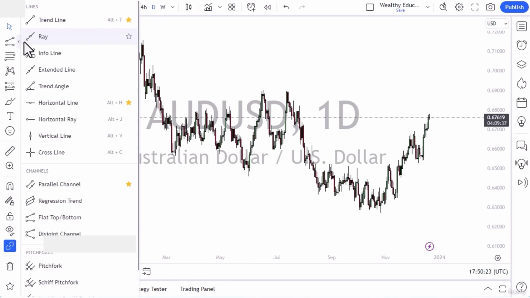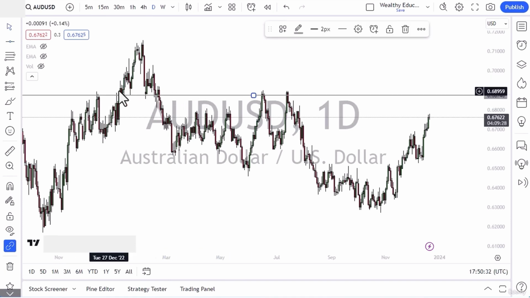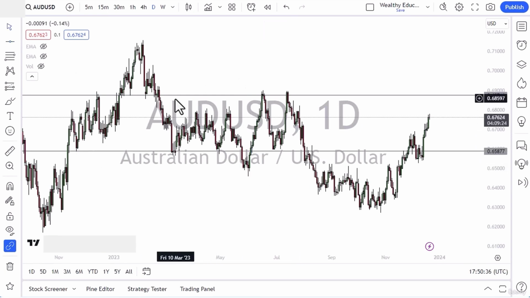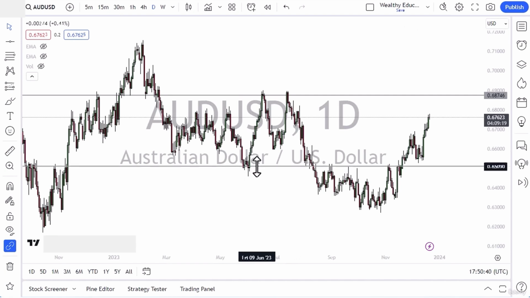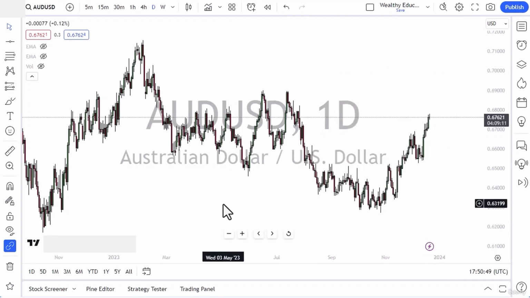You could do like a horizontal line, let's just say here, because that's been resistance and support. And you can make a horizontal line here. And you could say that we were in a range. You could even drop it down to here and say we've been in a range until recently. That's fine. But go ahead and remove those drawings.